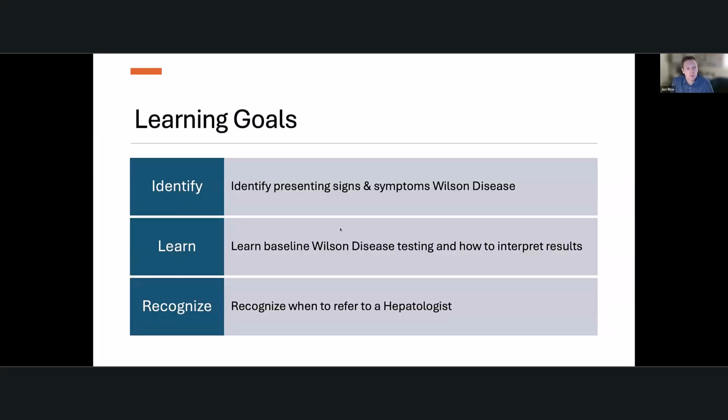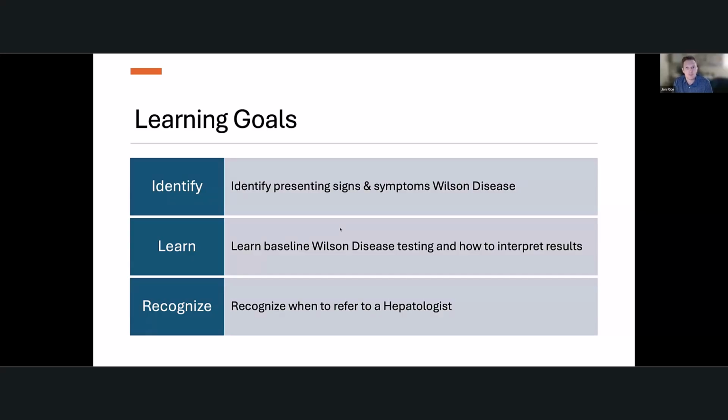So today we're talking about Wilson's disease, and really a lot of our main goals, seeing who's in the audience, is understanding how to identify presenting symptoms and signs of Wilson's disease. Obviously we'll talk about this, but it's a rare disease with a very broad presentation.